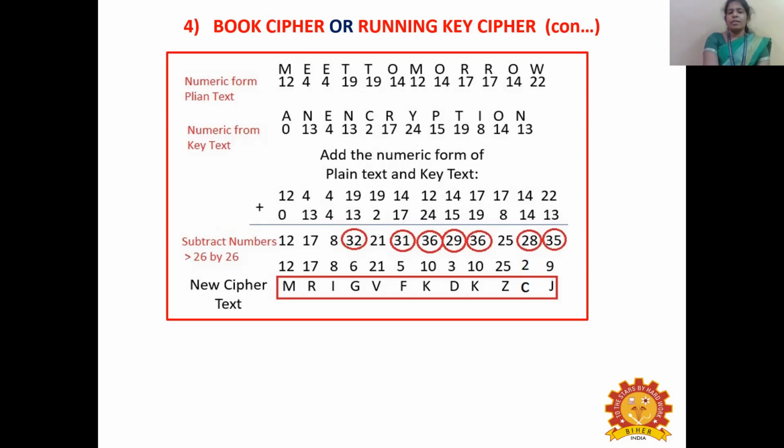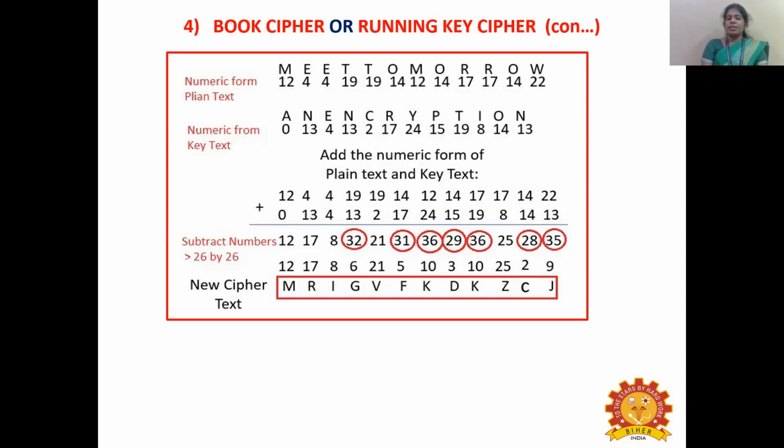12 plus 0, 12. 4 plus 13, 17. 4 plus 4, 8. 19 plus 13, 32. 19 plus 2, 21. 14 plus 17, 31. Then 12 plus 24, 36. So you have to add all the numbers.